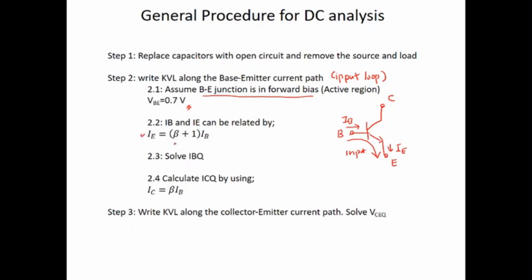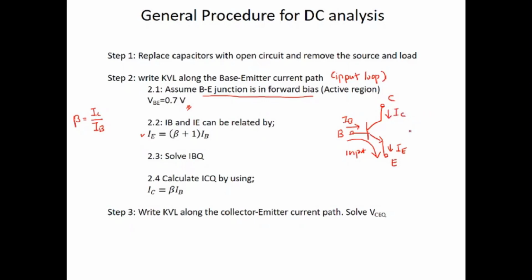So where does this equation come from? We have discussed in the previous class the current relationship. Beta is the current gain of the BJT. Beta is IC over IB, where IC for NPN is pointing downward.